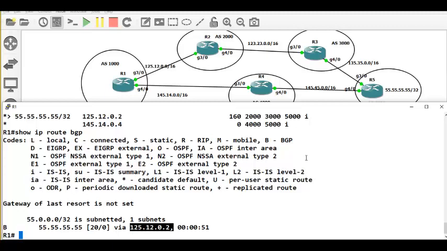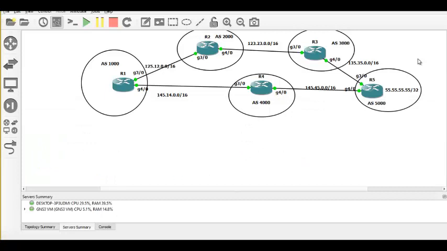So I just showed you only one attribute out of the ones we learned. 4 or 3, how many did we learn? Local preference we learned. Local preference is well known but discretionary. MED we learned, optional, non-transitive.